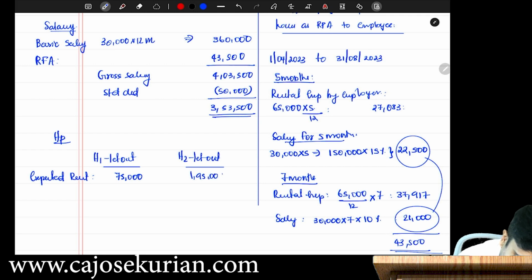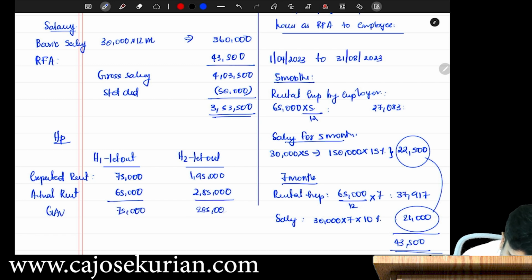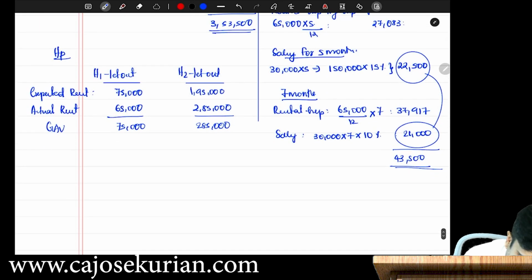How much is the actual rent, friends? First case 65,000 and second case 2,85,000. Whichever is higher shall be the GAV. GAV in case 1 will be 75,000 and case 2 will be 2,85,000. From that you can deduct municipal taxes paid.